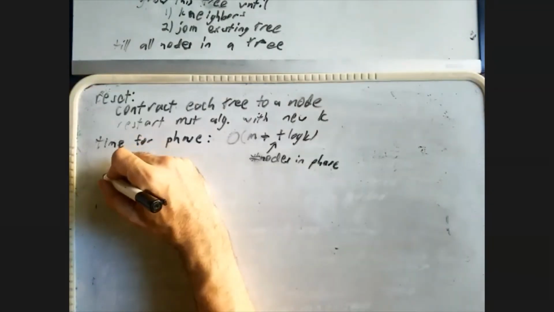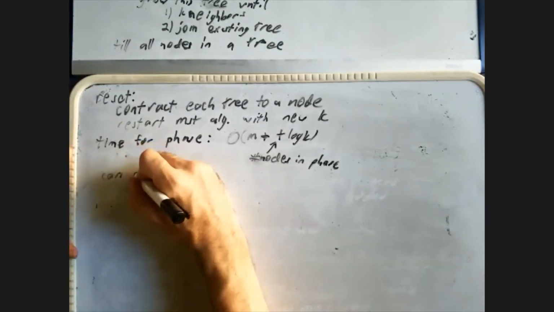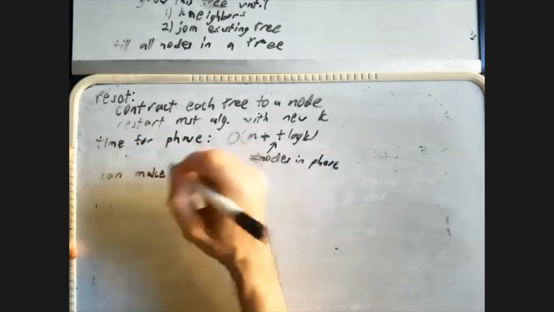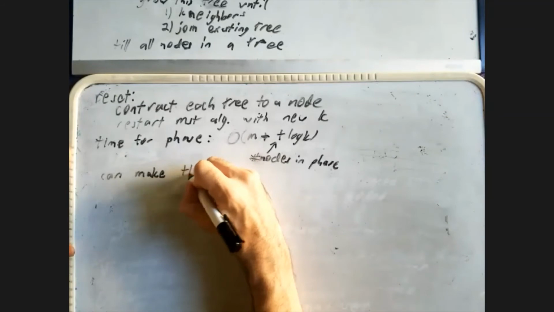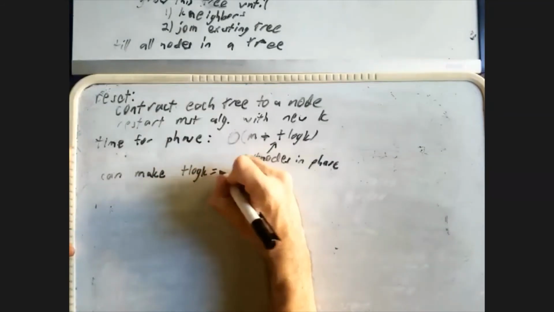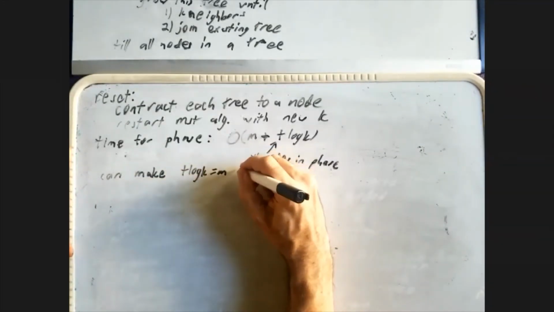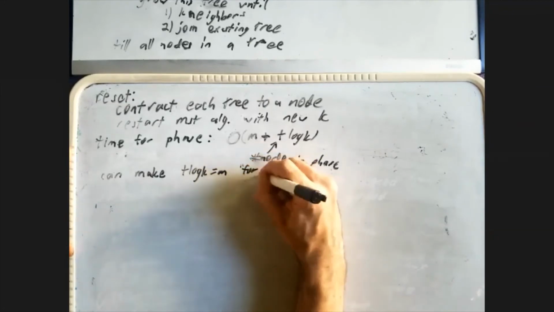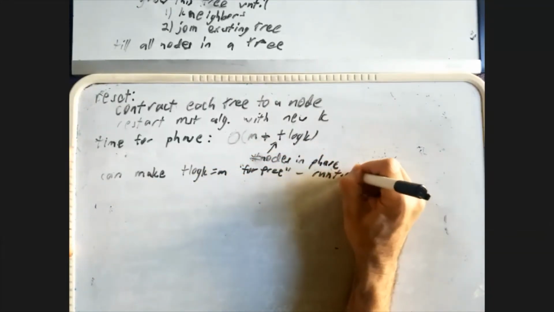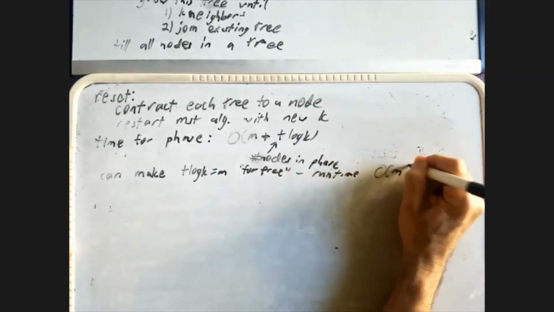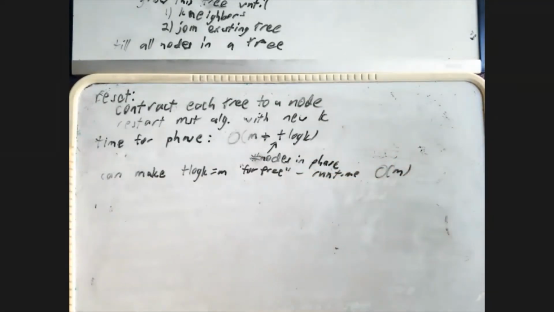Now the thing to notice is that I'm going to be spending linear time on the phase, just to look at the graph. But if I make t log k equal to m, that doesn't change the running time. My runtime overall is going to be linear if I have this relationship between t and k.